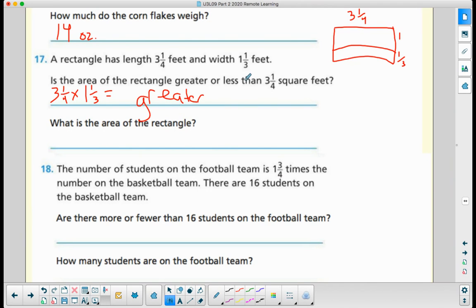Now, to multiply it, why don't I do the area or the distributive property? 3 1/4 multiplied by 1 equals 3 1/4. So that's this area in here, 3 1/4 squares.